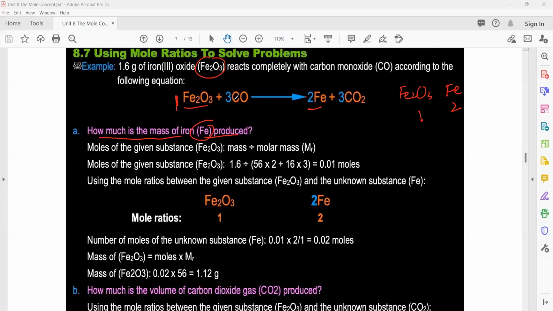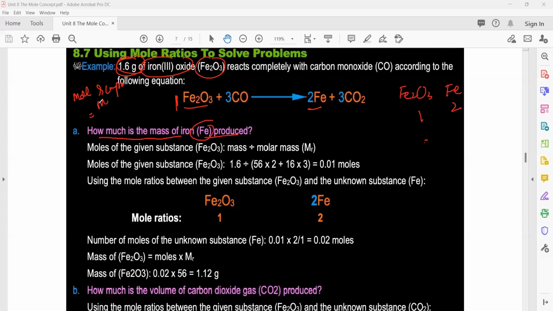Now what have they given? Did they give another mole value here? I will put it right here and put X here. No. They gave us 1.6 mass of iron oxide. Now we will see the formula of what? Moles of compounds. What was that formula? If you want to find the moles of a compound, what will you do?